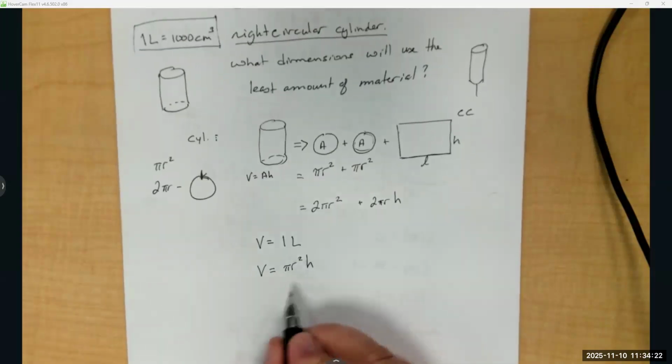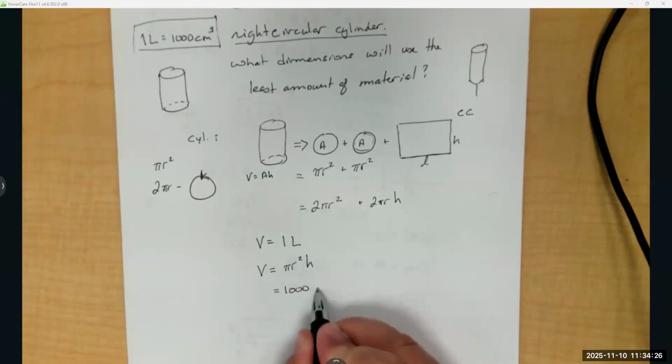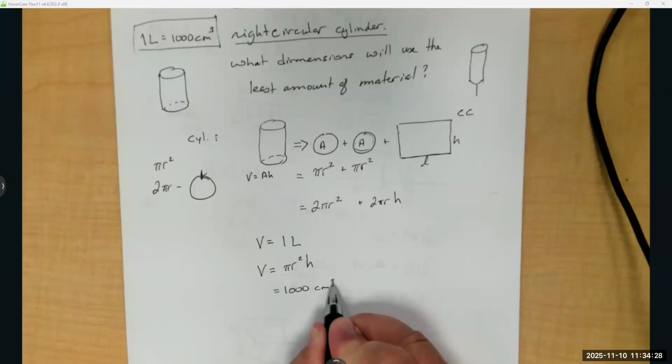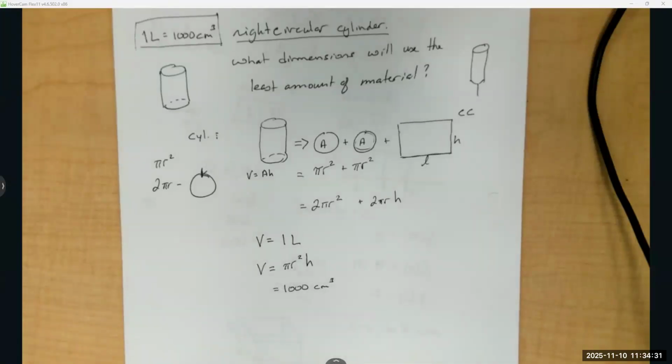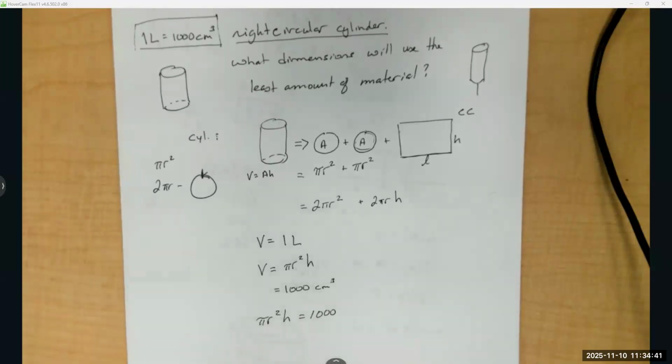And this has to equal what? Cm cubed. So we know we have pi r squared h has to equal 1,000.